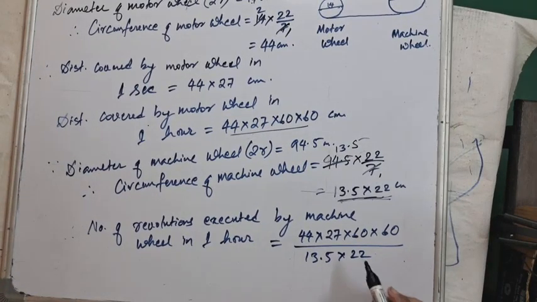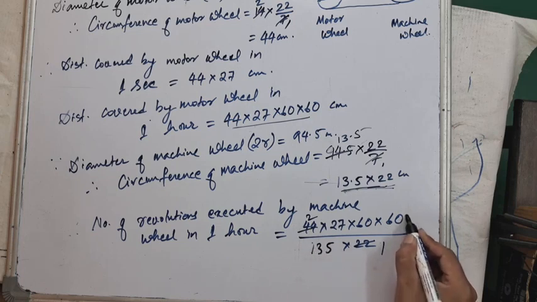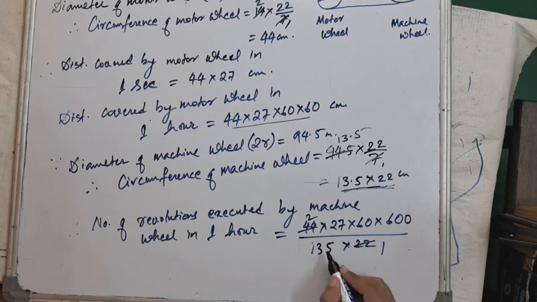So let's cancel this. 22 ones are 22, 22 twos are 44. Now we cancel with 3. Let me eliminate the decimal point first. 13.5, I write 135 and I introduce 0 in the numerator. I eliminated the decimal point from the denominator and introduced 10 in the numerator.